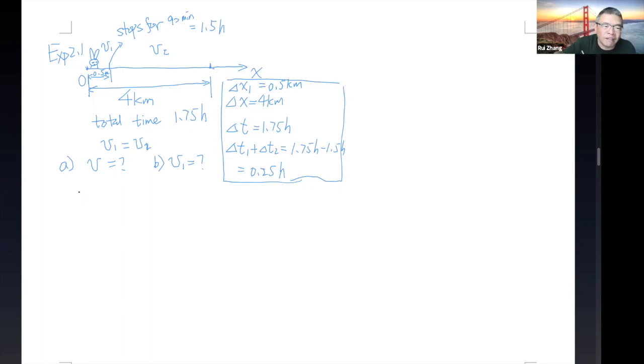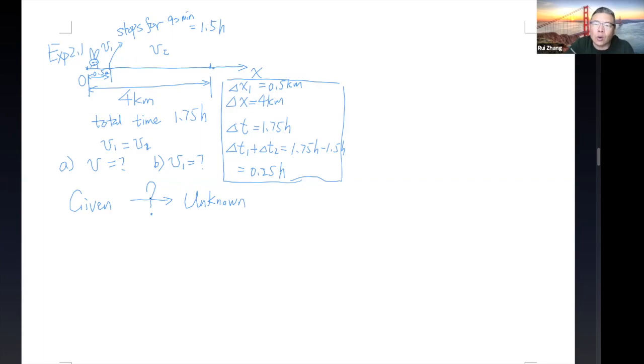You have something given, and from this something given, you're looking for the unknown. The question is how you go from the given to the unknown. You want to build up the connection, and after you build it, you solve the problem. How do we build up the connection?